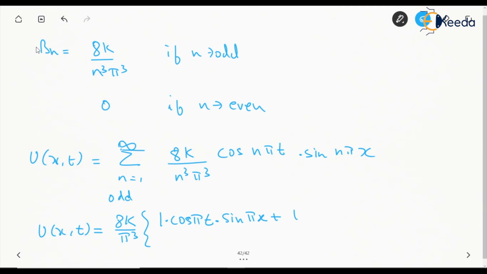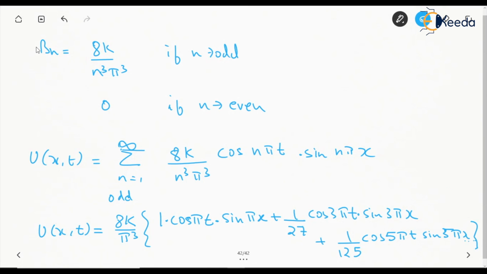This becomes 1 by 3 cube, so this is 1 by 27 cos 3 pi t into sine 3 pi x. Then what will be the next term? 1 by 5 cube, so that is 1 by 125 cos 5 pi t sine 5 pi x, and so on. So this is going to be the solution for the equation given.